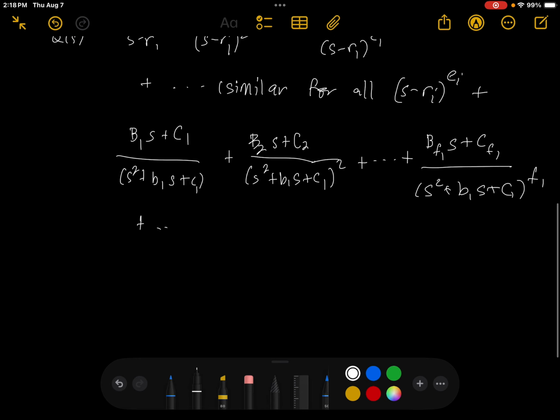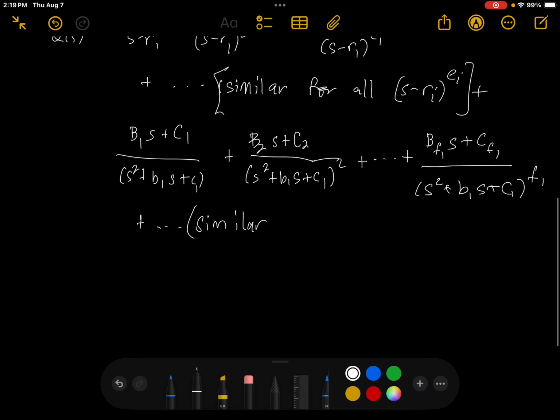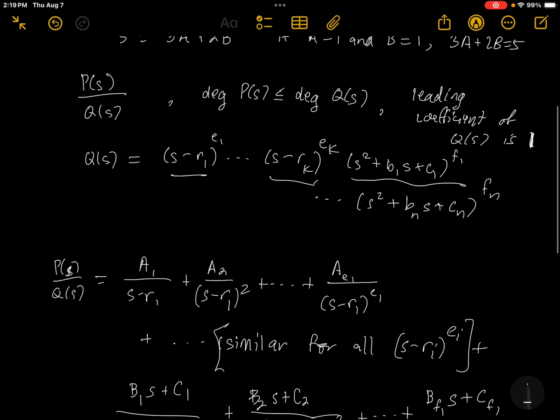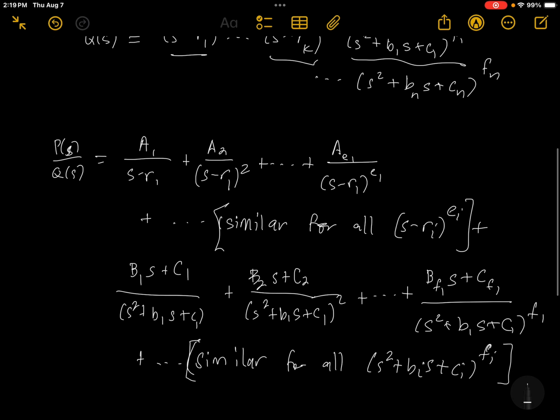And then you keep going, it's similar for all of the (s squared plus Bi s plus Ci) to the Fi. So that's the general way to decompose. This is the partial fractions decomposition.